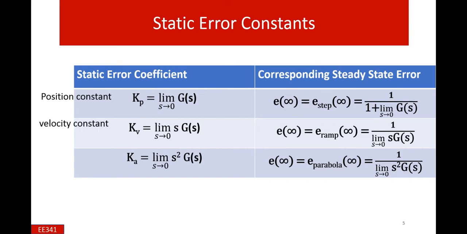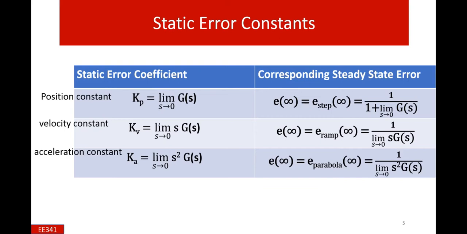Similarly for the velocity constant, which is defined as s times the open loop transfer function at s equal to 0. This is observed when we apply the ramp input, and the steady state error is 1 over the constant.